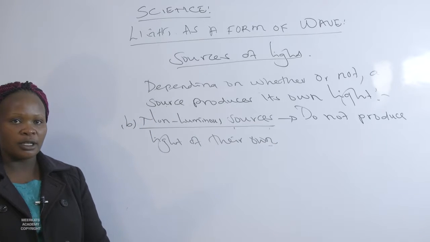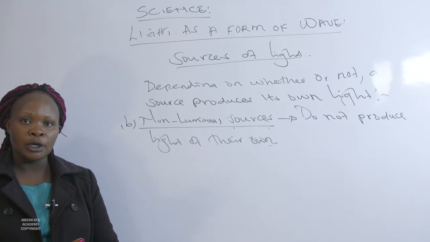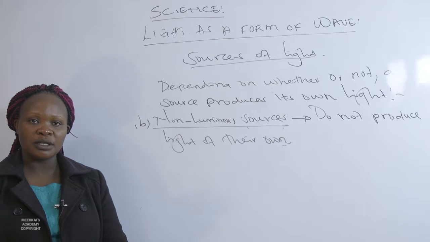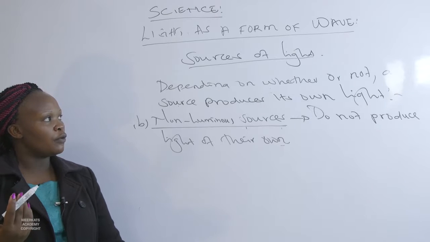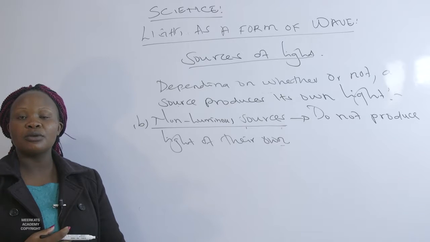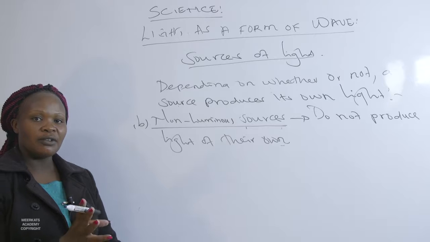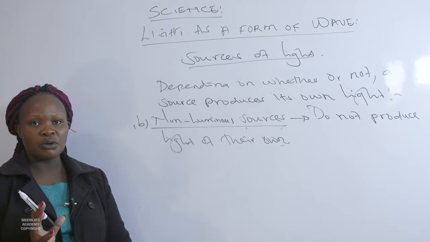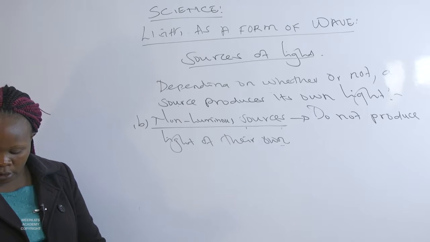These are actually the materials that we observe when light from a source bounces off from their surface. So for them to be observed, you expect that light is going to go through reflection, because you will observe it when light from a source falls on it, bounces to your eye, and that way you can actually observe them.